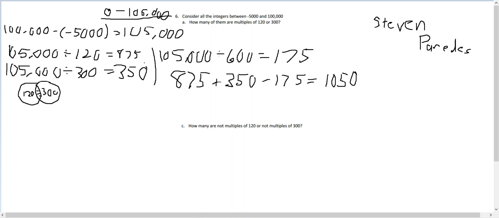So, to find C, which is how many are not multiples of 120 or not multiples of 300, is pretty simple, because all you have to really do is take the set. Let's say this box here is the set of 0 to 105,000.